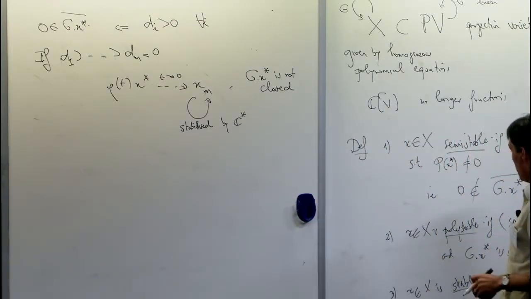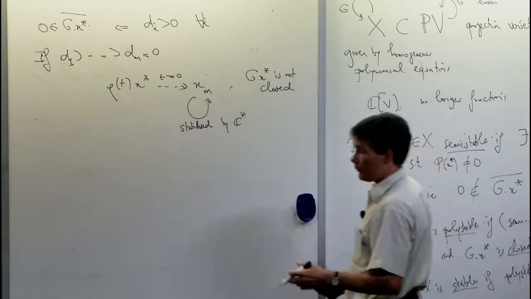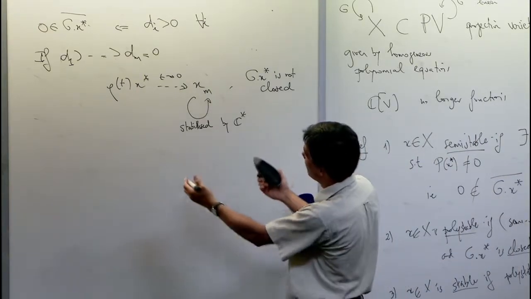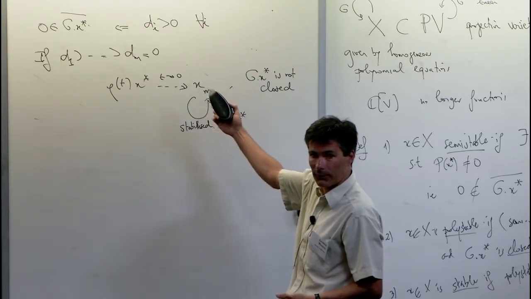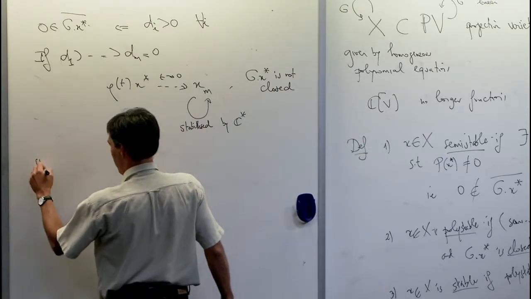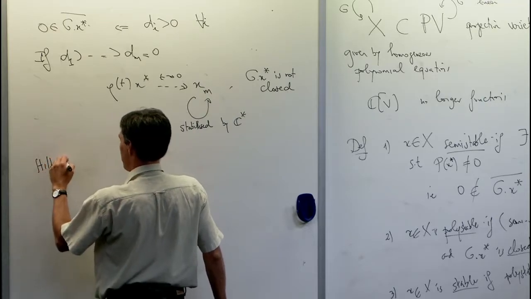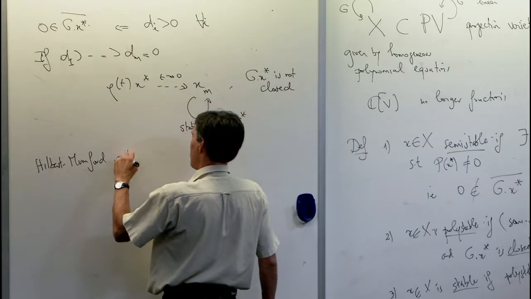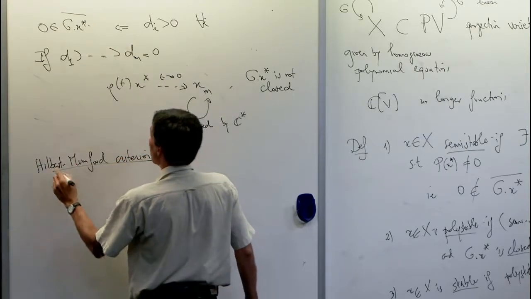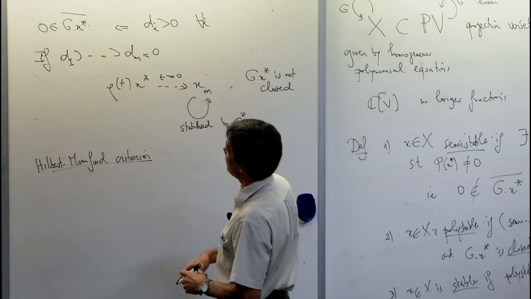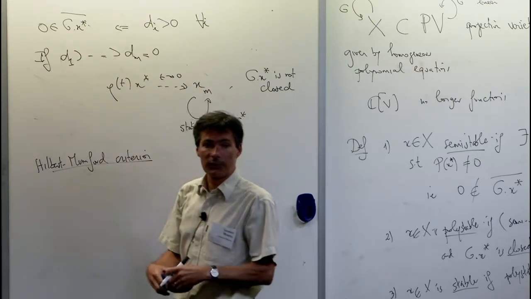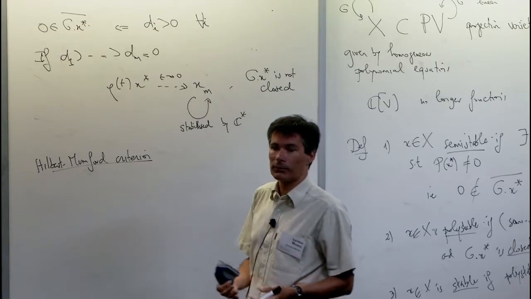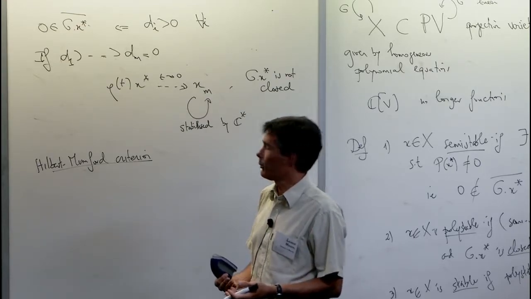What you use in practice to decide if a point is stable or unstable is the converse statement, which is the Hilbert-Mumford criterion. The remark is that if your group G is typically a group of matrices, then a generic matrix is diagonalizable.